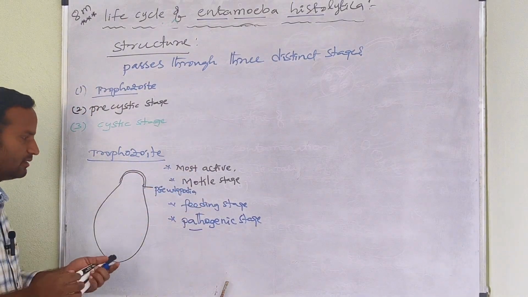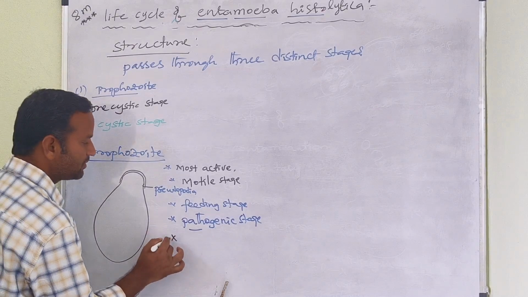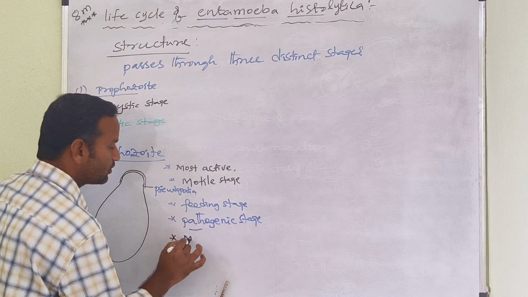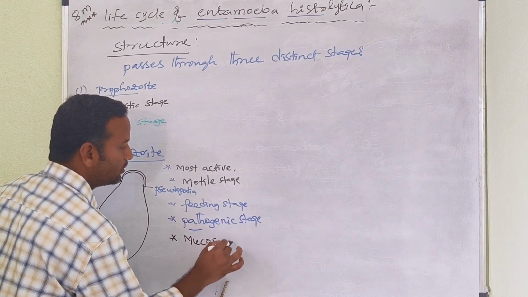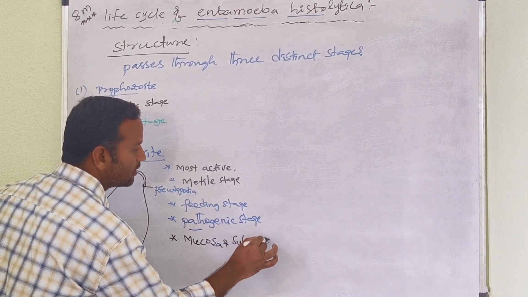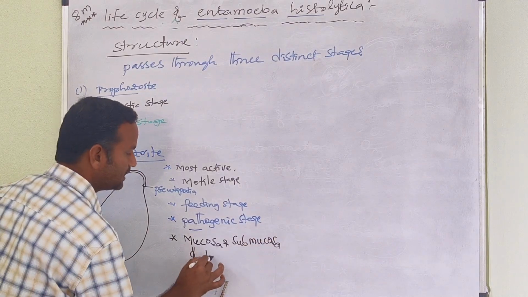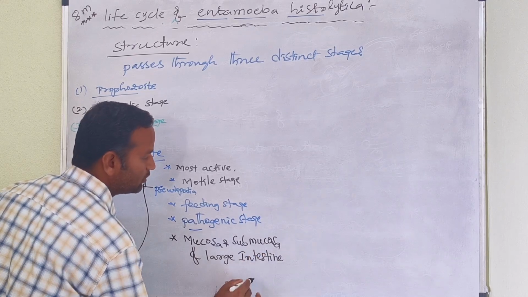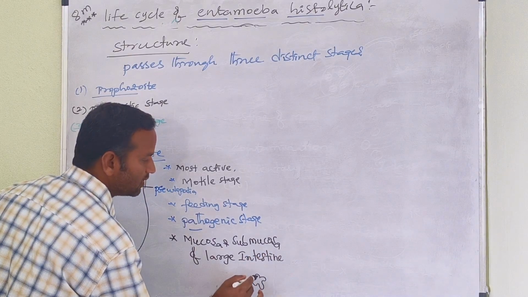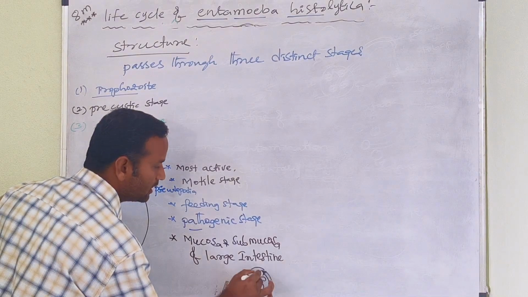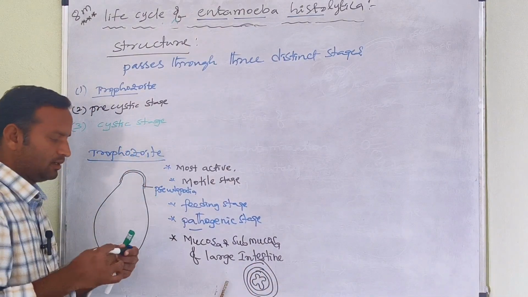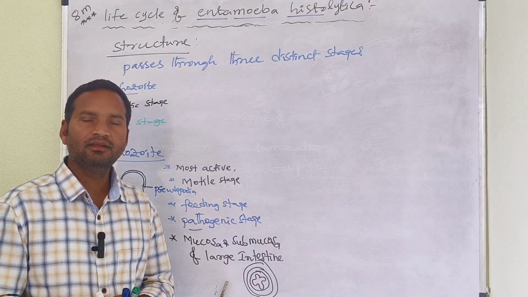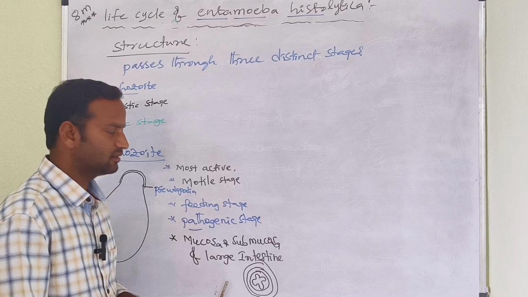This is the first point. The next point is that the trophozoite stage is usually formed in the mucosa and submucosa of the large intestine. Whatever the intestine, large or small, it is composed of mainly four layers.